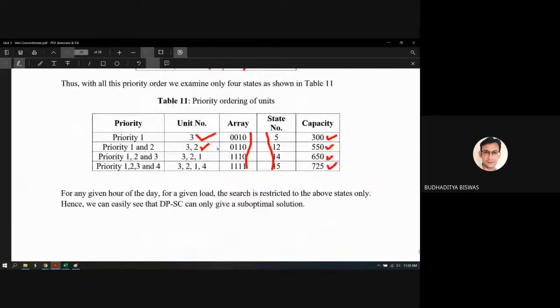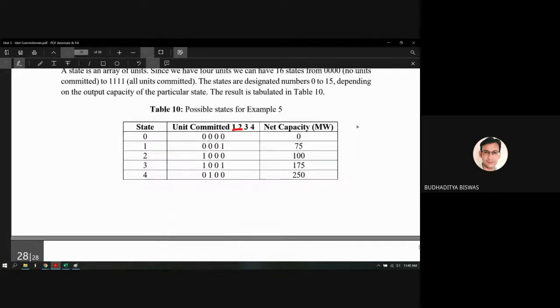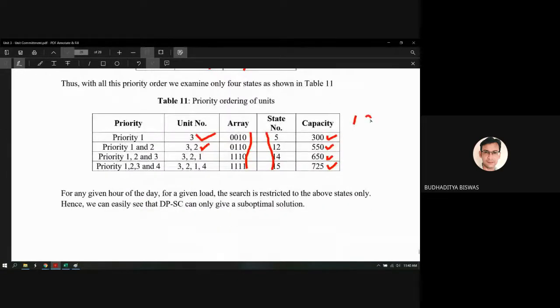Yes, actually from this particular table. This array, just look at this one. Unit 1, unit 2, unit 3, unit 4. Now, if only unit 3 is committed, then 0, 0, 1, 0. So that's why the array is 0, 0, 1, 0.